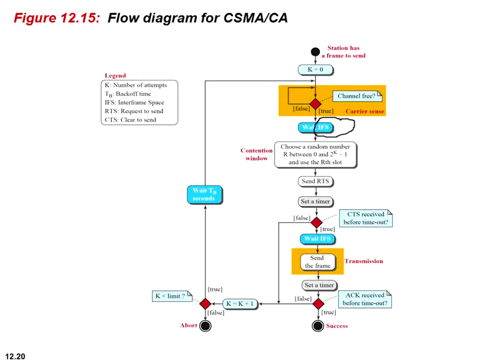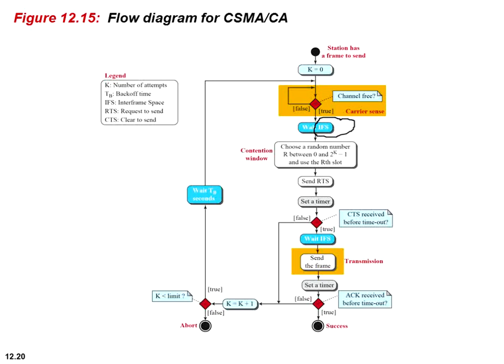Even though the channel may appear idle when it is sensed, a distant station may have already started transmitting. So the distant station's signal has not yet reached this station. The IFS time allows the front of the signal transmitted by the distant station to reach this station.